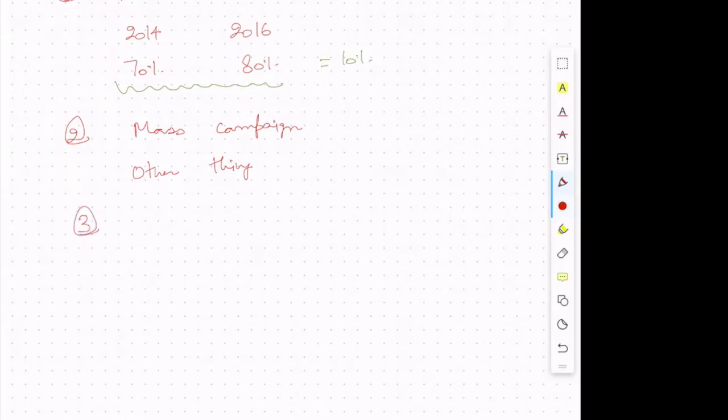Another reason can be that we see this 10% increase, but maybe the things in state A were such that, let's say this is 2014, so this is 70%, and let's say this is 2016, so this is 80%. Now we might be thinking that this increase is as a result of the policy, but maybe in 2012, let's say this was 60%.